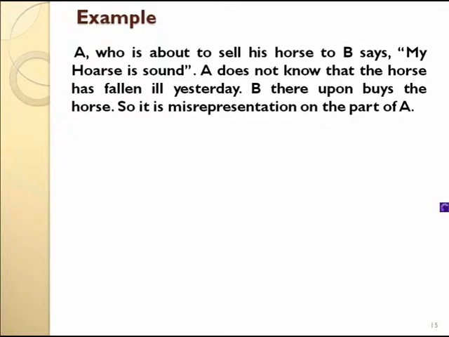Whatever was told by A to B, B believed it as fact and made a deal. So here B's consent will not be taken as free consent, and A's part will be taken as misrepresentation, because whatever was told by A was said innocently.